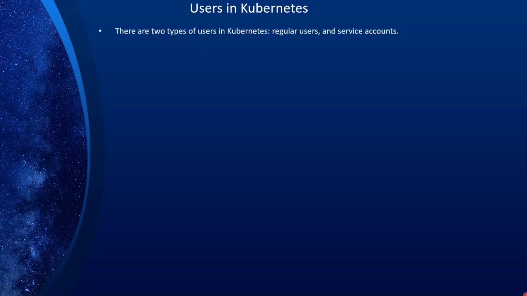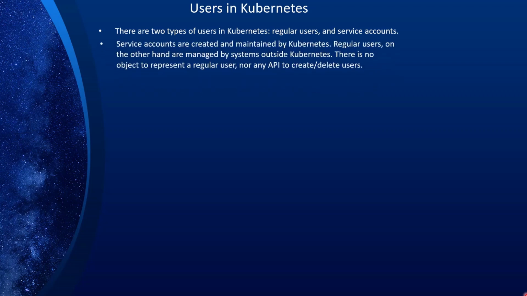There are two types of users in Kubernetes: regular users, or people, and service accounts. Service accounts are created and maintained by Kubernetes. Regular users, on the other hand, are managed by systems outside Kubernetes.